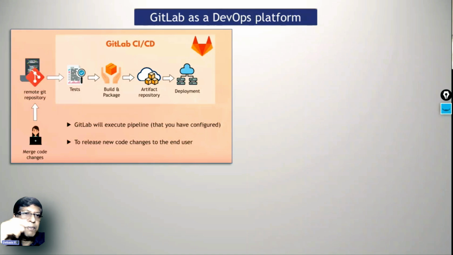If that is passed, then the code will automatically go into the pipeline and be passed on to testing. So there will be system integration testing, right? And if the system integration testing is passed, then what will it do? Then there will be a final build and packaging.